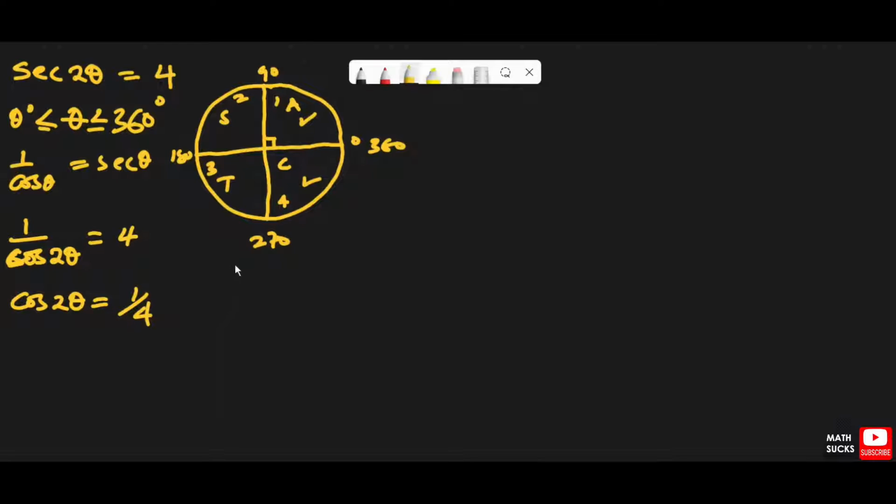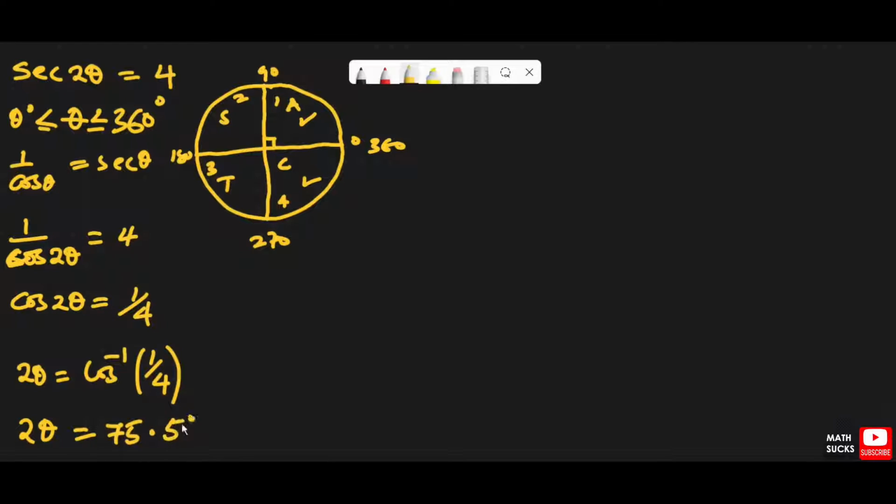Having these two quadrants where cos is positive, let's take the cos inverse of this equation and get our double angle: 2 theta is equal to the cos inverse of a quarter, which gives 75.5.